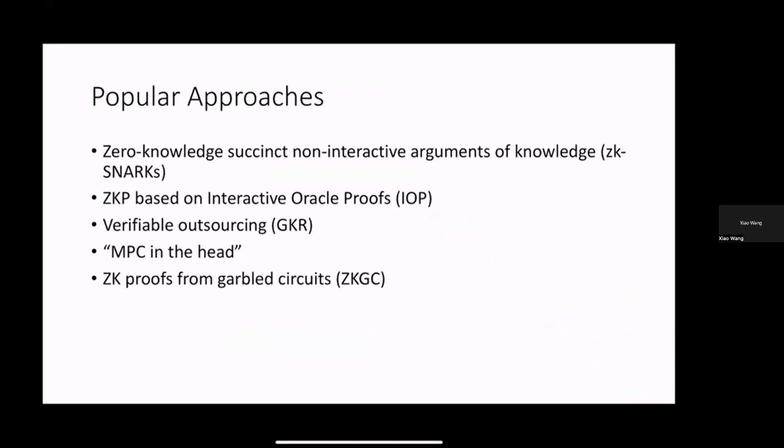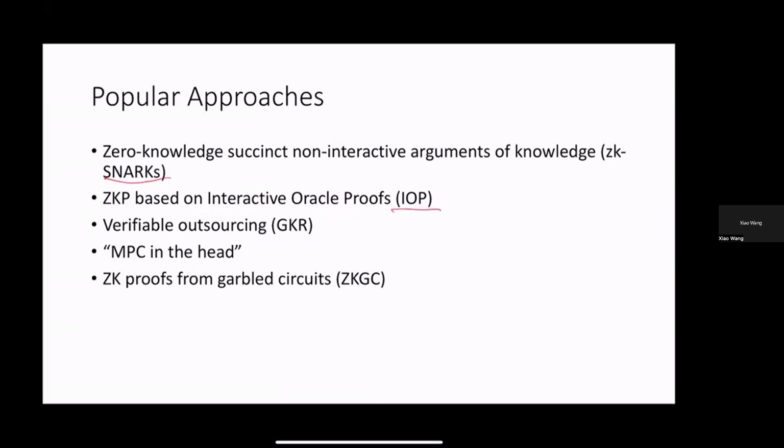So there are many. Well, the definition is somewhat complicated if we really want the rigorous definition, and there are also many different approaches. There are succinct zero knowledge proofs, non-succinct and non-interactive zero knowledge proofs or arguments, like SNARKs or their variations.